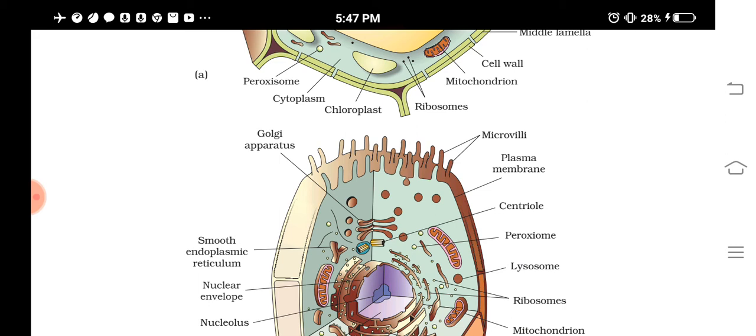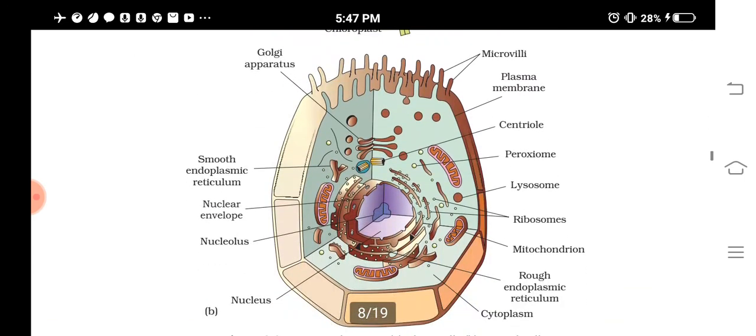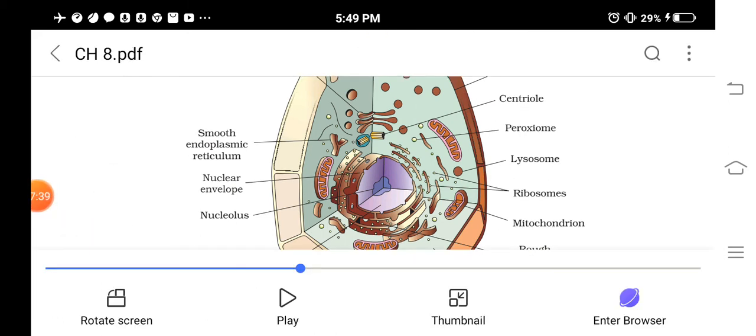Especially the flagella arises from centrioles, centrosomes, but it is not there here. Plant cells won't have these centrioles. Okay, centrioles are absent in them. Where? In plant cells. Is it clear?